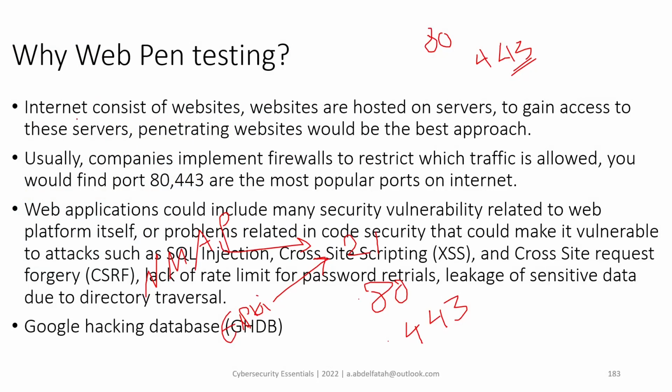So another way to detect web vulnerability, for example, we know about a service called WordPress or not? Have we ever heard about WordPress or not? Yeah. WordPress is like a tool or a framework or a website that allows you to create your own website based on WordPress technology. In WordPress, we could have some vulnerabilities that could allow you to bypass the authentication.